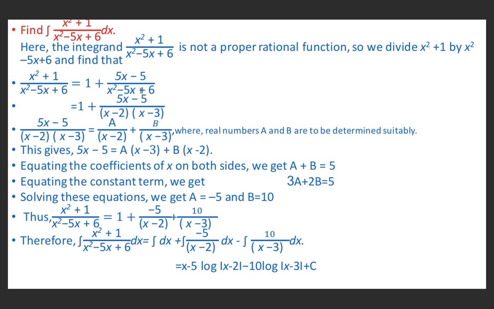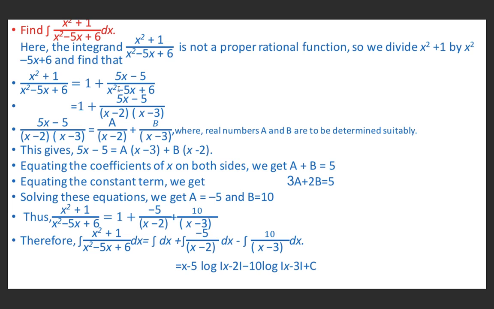We will try to break it into linear factors. We can easily factorize it, because 6 is nothing but 2 into 3 and 5 is nothing but 2 + 3, and outside we have a minus sign. So we can factorize it into (x - 2)(x - 3).